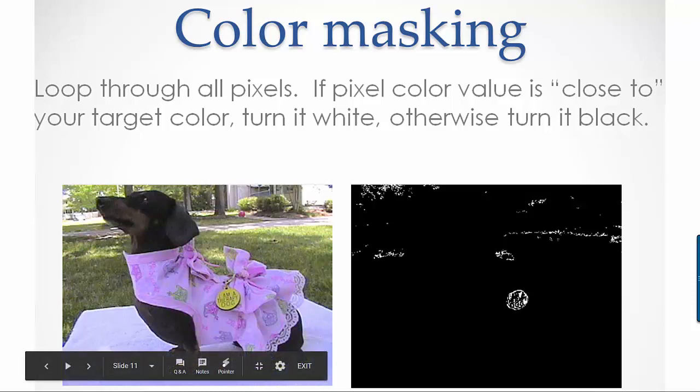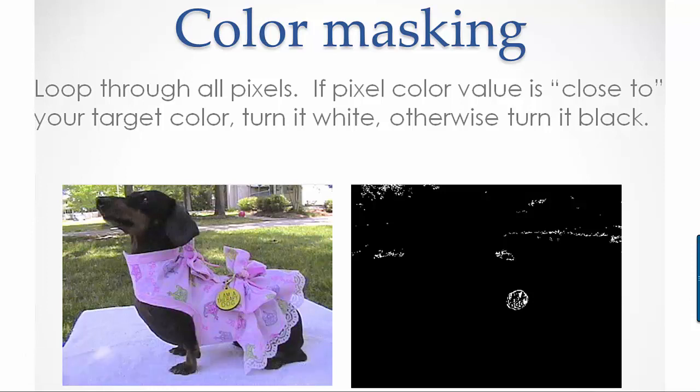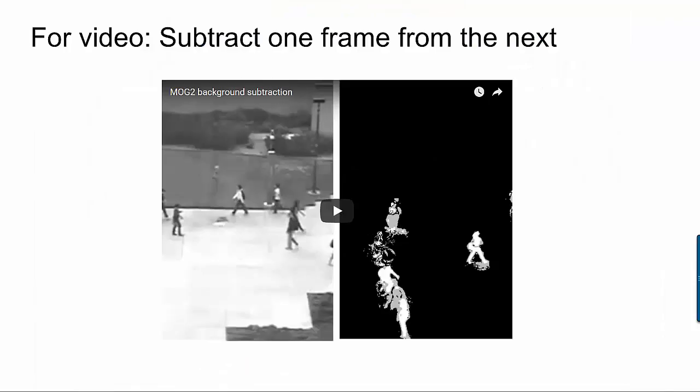But in real life, if you took this picture under different lighting conditions, under different weather conditions, even this color yellow is going to have a wide range of possible RGB values that corresponds to it. So again, this color masking technique is pretty rudimentary, but it gives you an idea of what's possible, and you can make more advanced techniques.